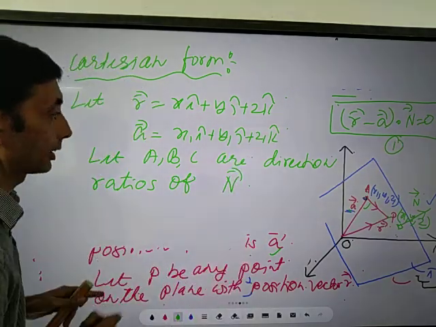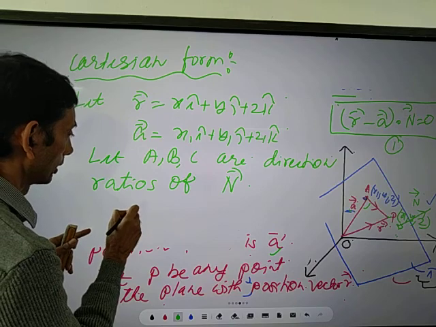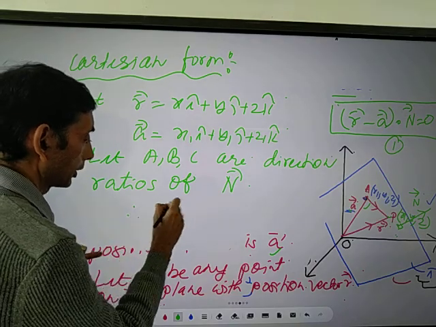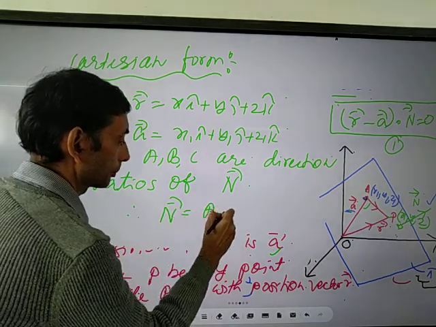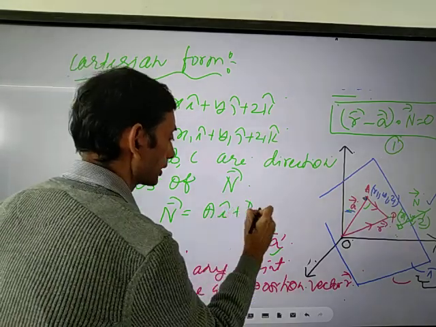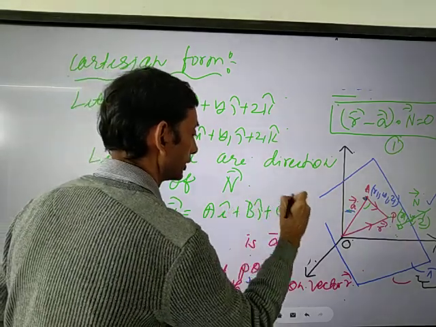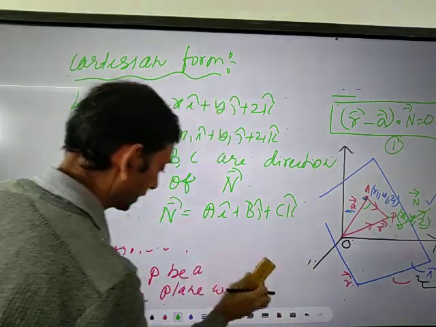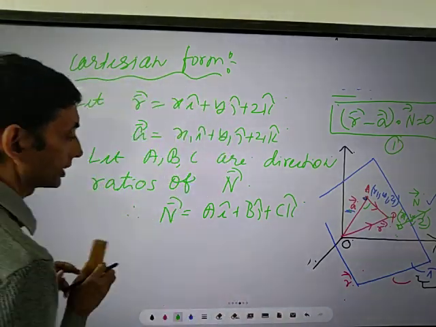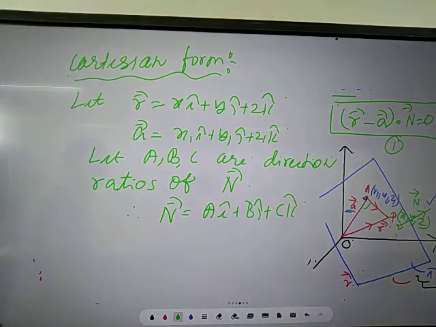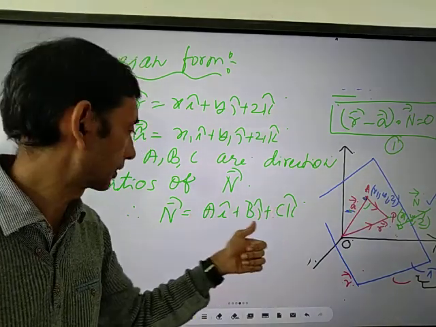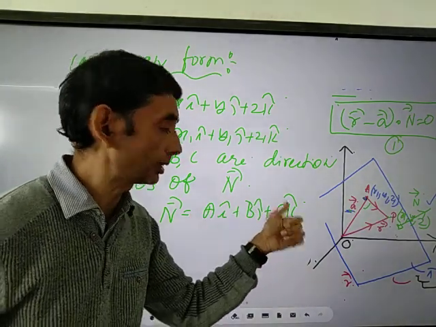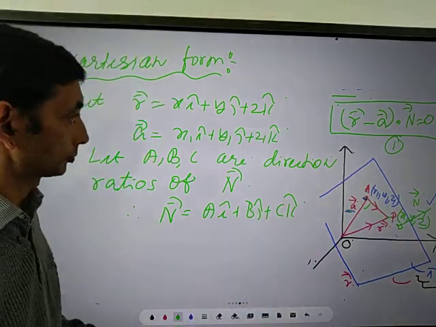If A, B, C are the direction ratios, then the vector n can be written as A i cap, B j cap, and C k cap. If we know the direction ratios, we can obviously express a vector in terms of them as A i cap, B j cap, and C k cap.